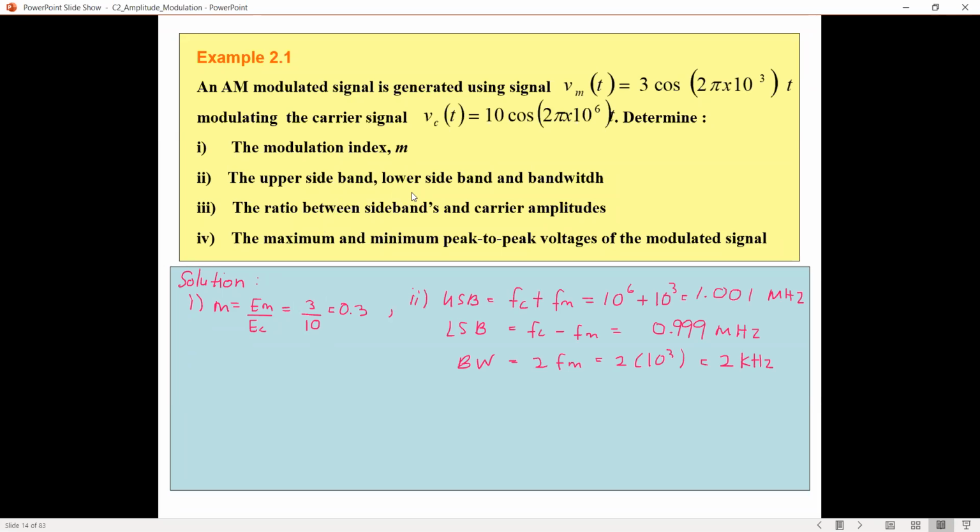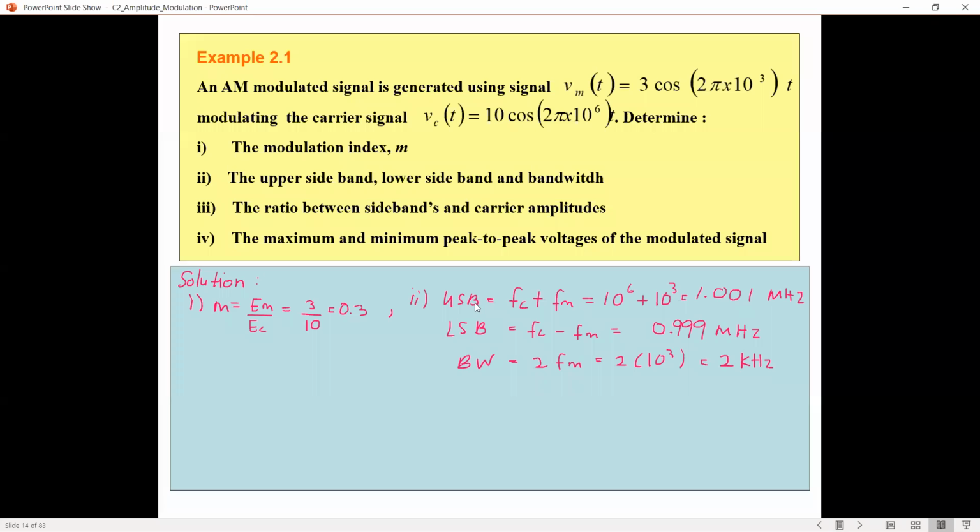For the upper and lower sideband frequencies, we already know our FC and FM. It's just FC plus FM for the upper sideband and FC minus FM for the lower sideband. Bandwidth is 2 FM.